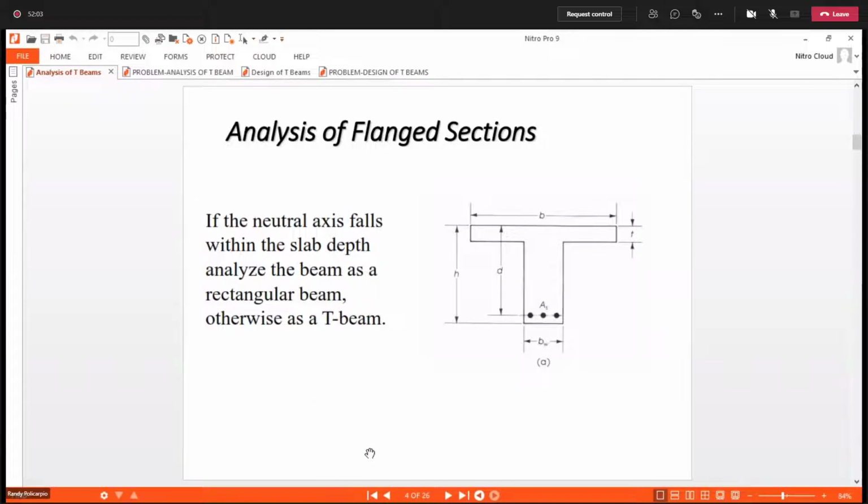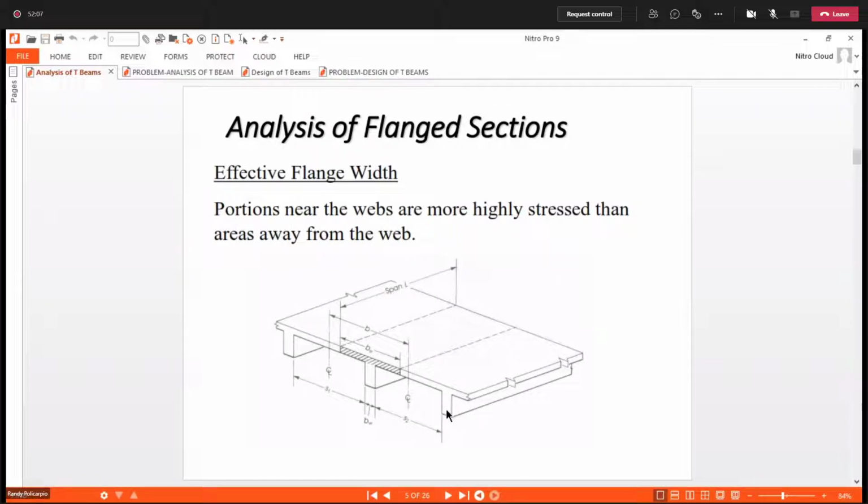Yun ang treatment natin. Whereas kapag T-beam yan, we're going to split the compressive force in terms for the flange and in terms for the web. I think mamaya makikita natin yan, no?